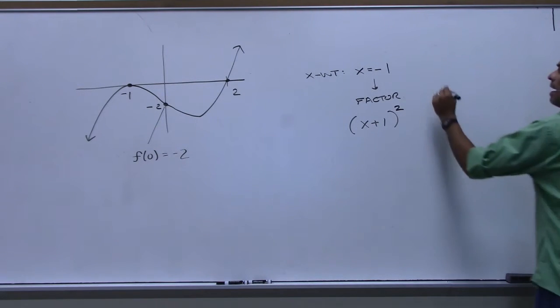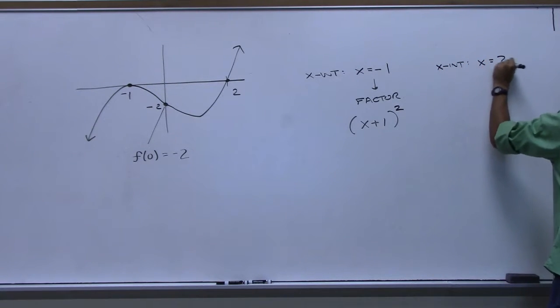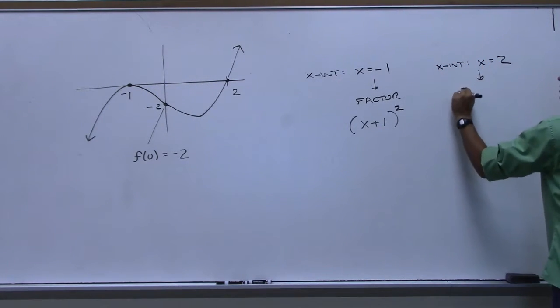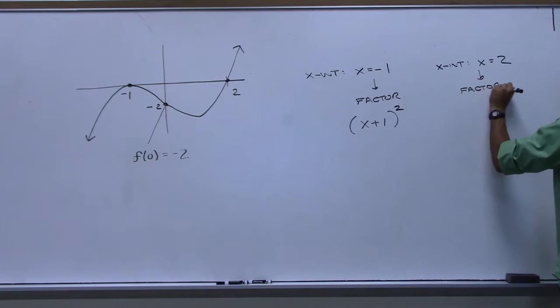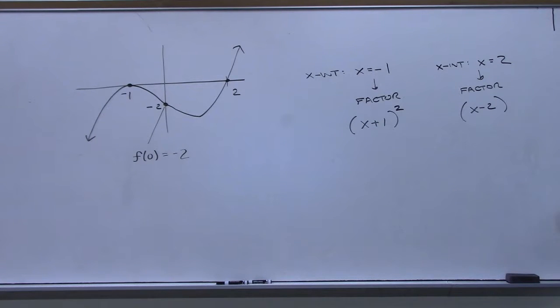The other part, I have an x-intercept of x equals 2, which means that it comes from a factor of what? X minus 2, right? And since I crossed there, this needs to be an odd power, so I'll use 1, which I don't need to write, but that's what I'm going to do. Everyone okay with that?